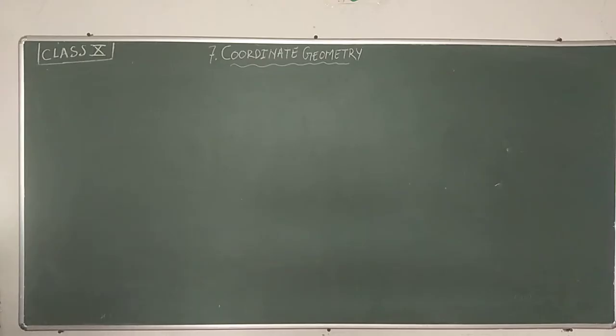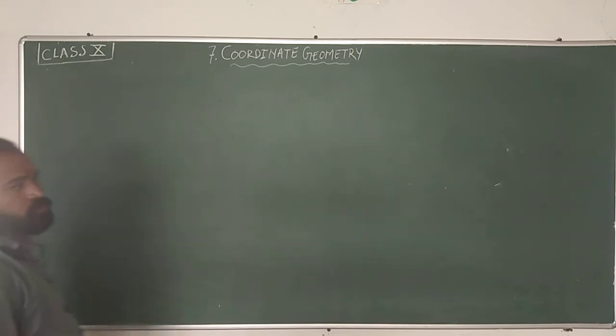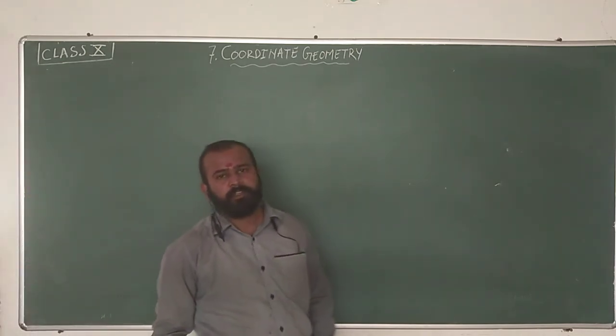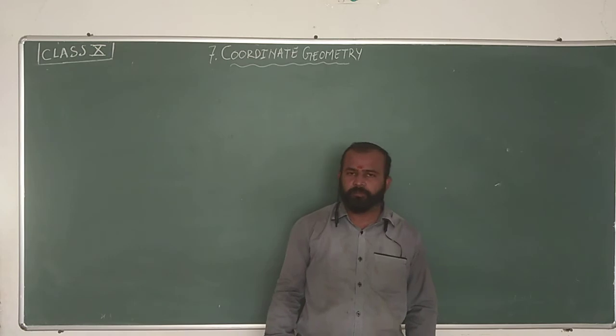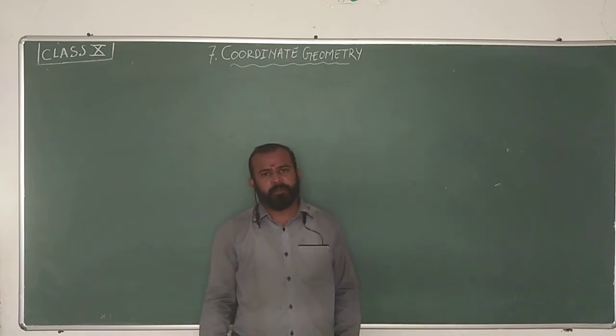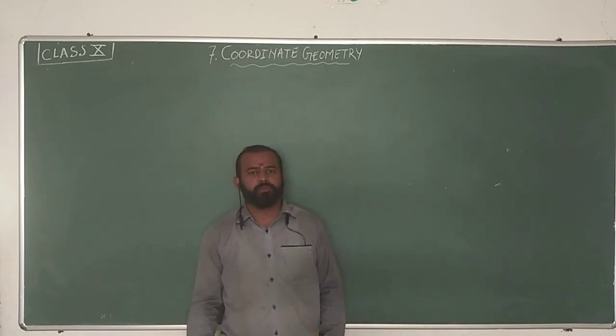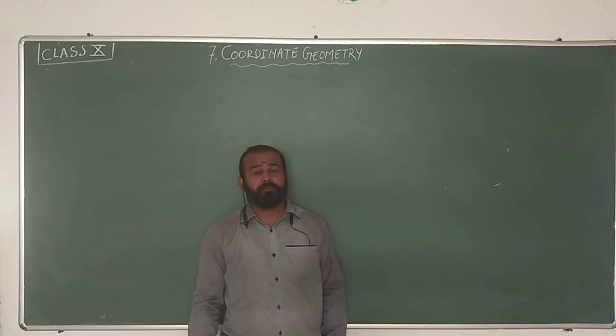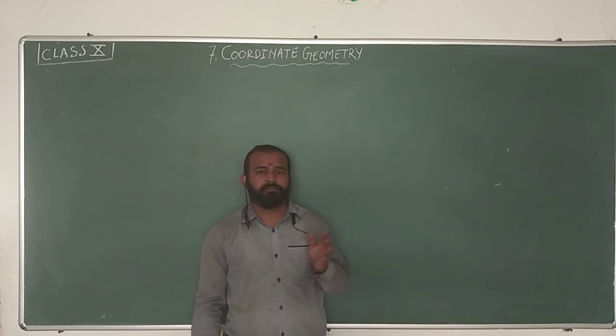We will see one problem depending upon that section formula and midpoint formula from our same exercise 7.2. One question we will take so that you understand that formula very properly.